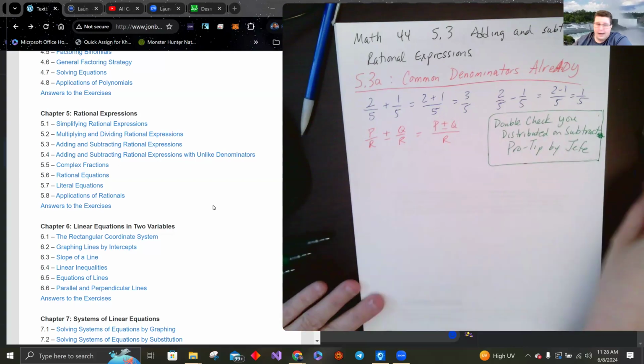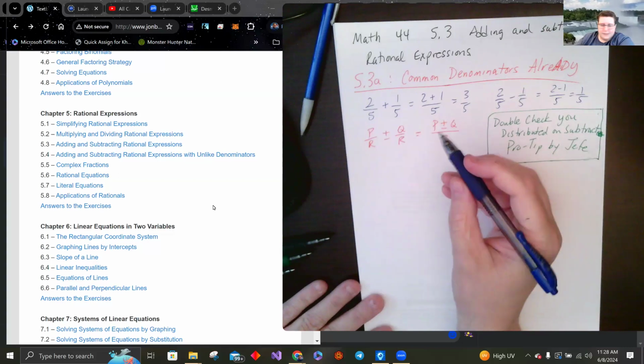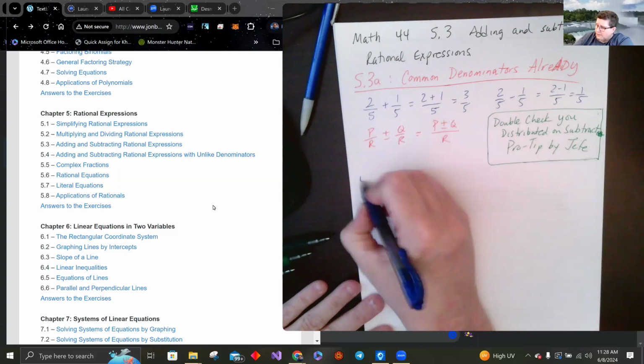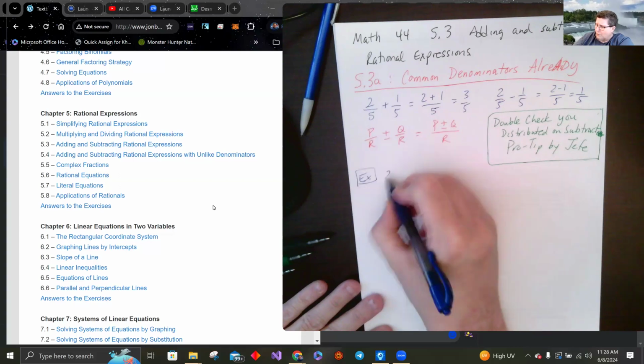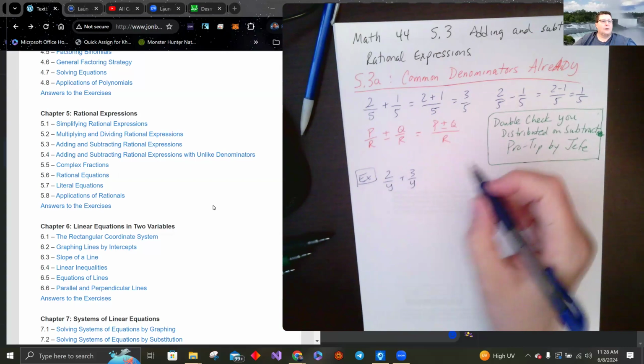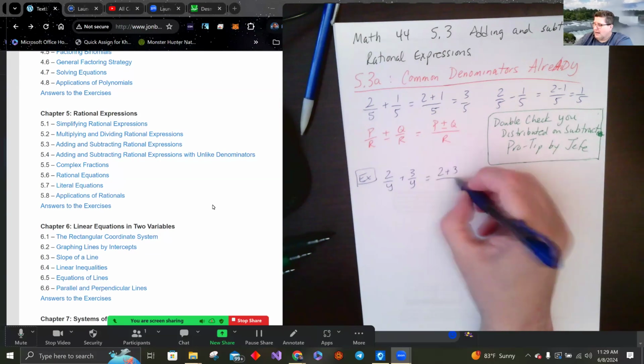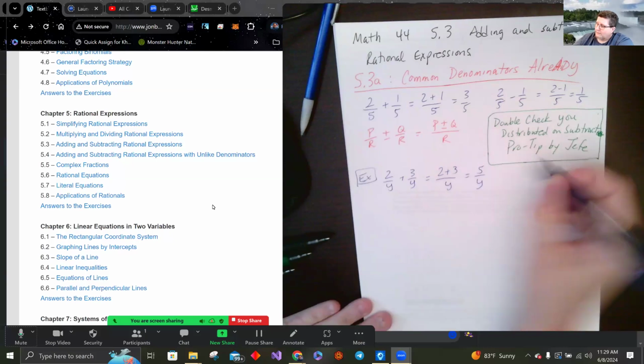Let's look at some examples here. Let's start with something simple. 2 over y plus 3 over y. We put those together. We can add the numerators. And we get 5 over y.